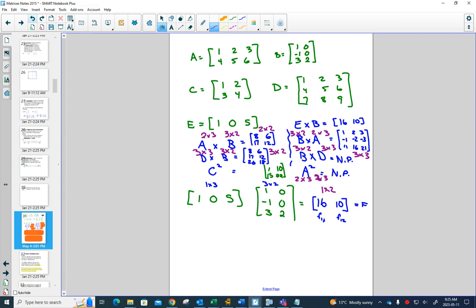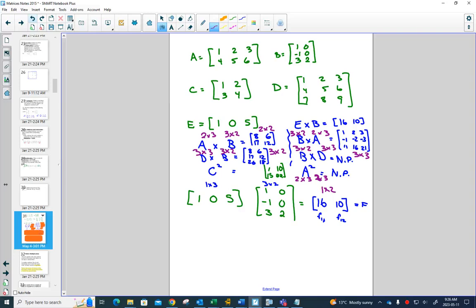So what do the ones that work have in common that the ones that don't work don't have? Especially, why did A times B and B times A both work, but D times B works and B times D doesn't?